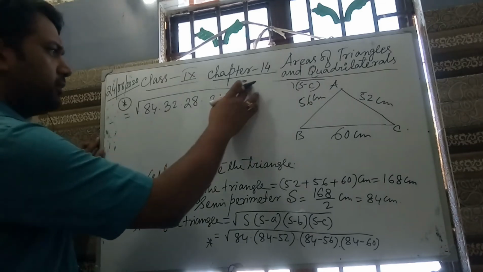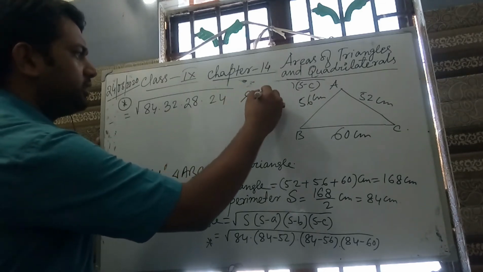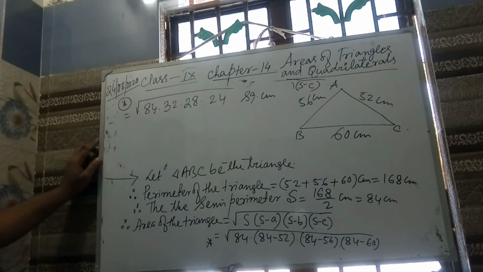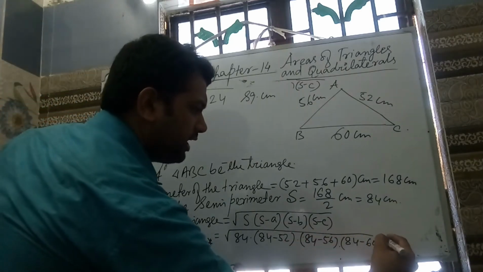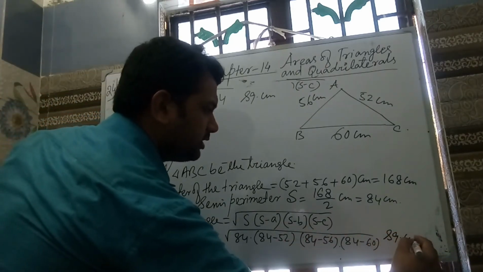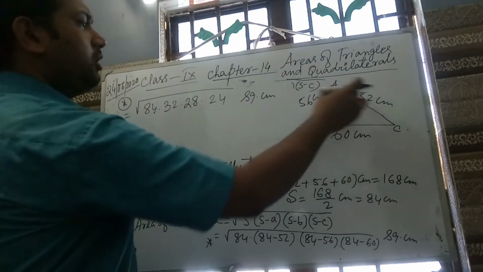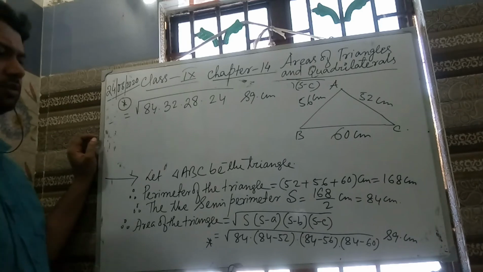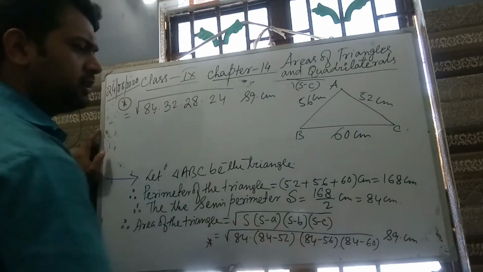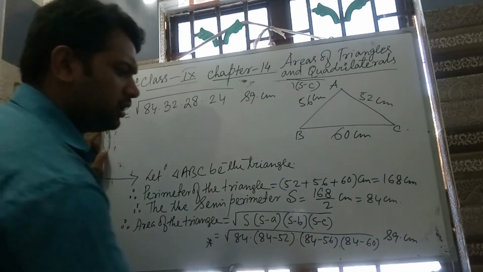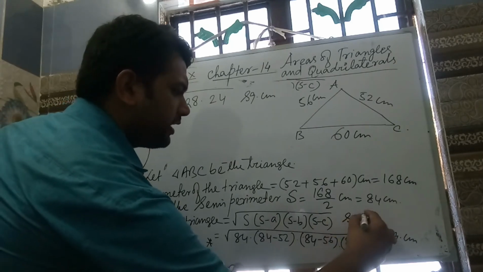This much square centimeter. Here also you have to write down the unit, square centimeter. Why square centimeter? Because the sides are of unit centimeter, so the area will be in square unit, that is square centimeter.